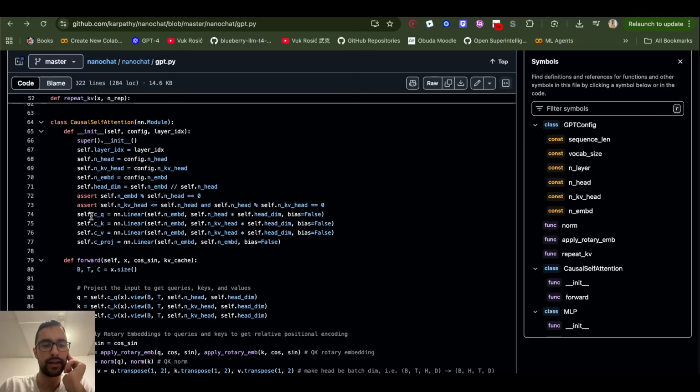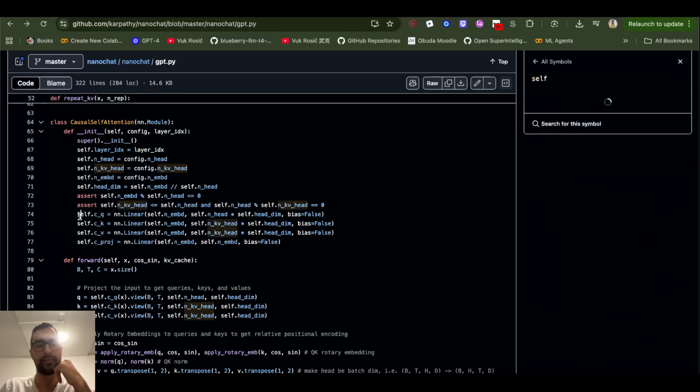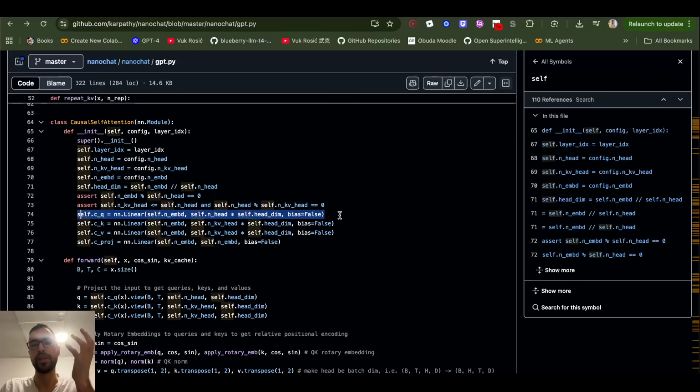Here he's creating query, key, value, and he's doing a separate linear layer from the token embedding to number of heads times head dimension. I explained all of this in my Coding DeepSeek v3 from scratch video. One trick to do here is instead of separating these as three separate operations, you can do it in a single operation.